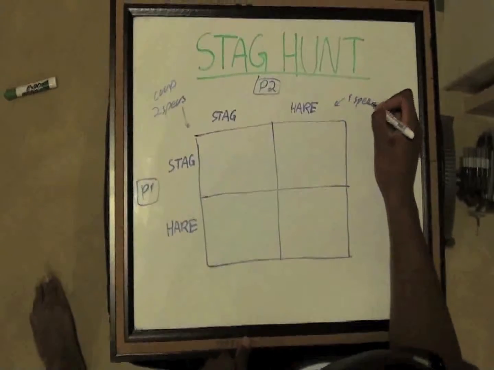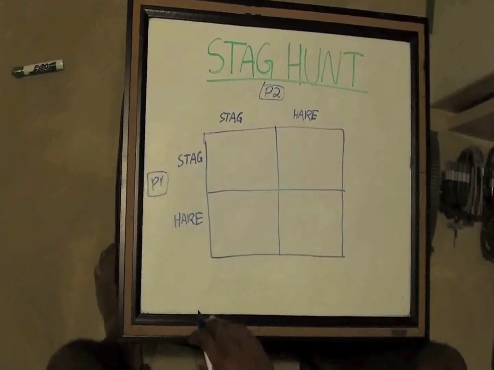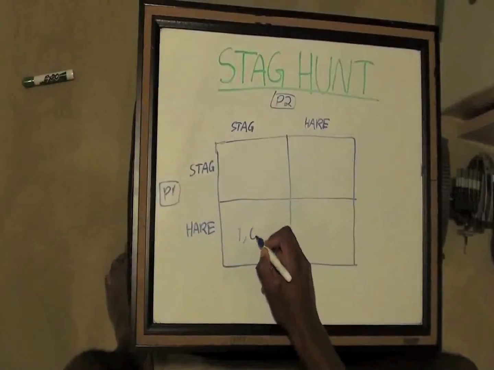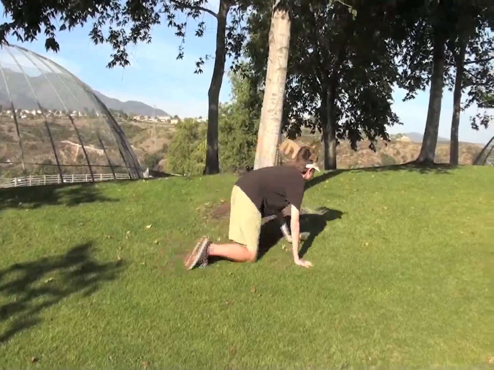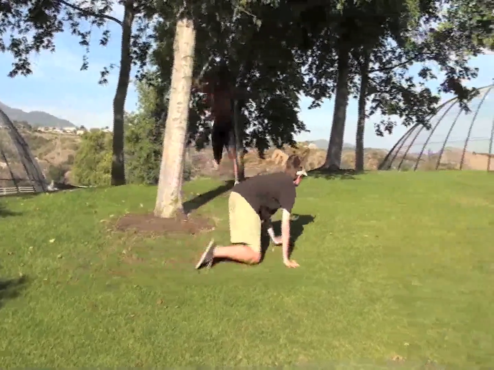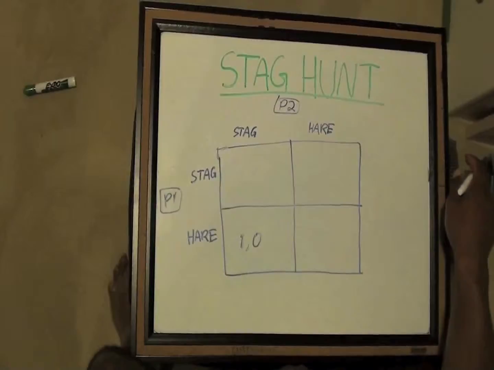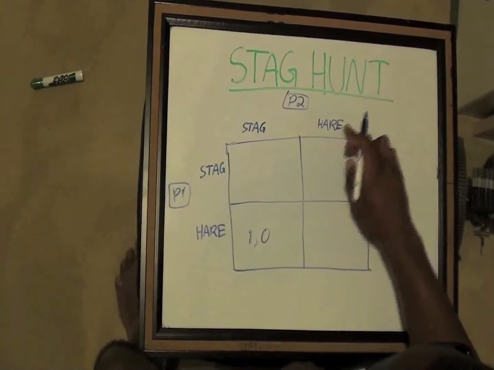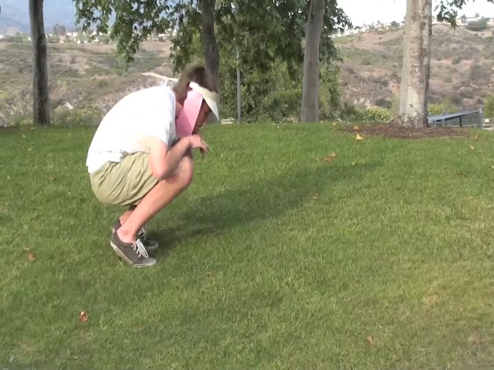If player 1 kills the hare, and the second player goes for the stag, only player 1 will receive the hare, while player 2 will fail to kill the stag. The inverse applies if player 2 goes for the hare and player 1 goes for the stag. Player 1 will fail and receive nothing.